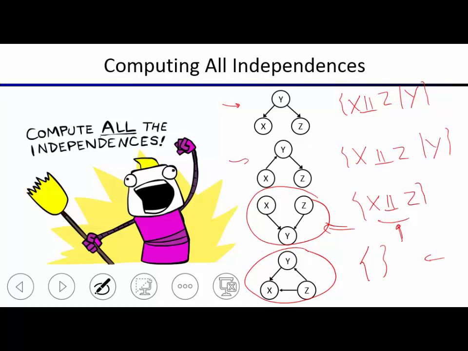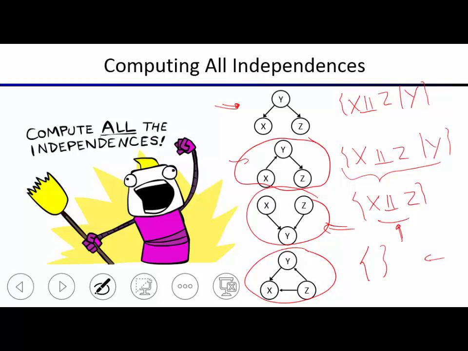If I give you a full joint distribution, you could check by doing some numerical calculations whether x is independent of z given y. If you find that's indeed true, that means that full joint distribution can be represented, instead of by that full table, by a Bayes net of this structure. If that property is not true, a Bayes net of this structure will not be able to represent that distribution.